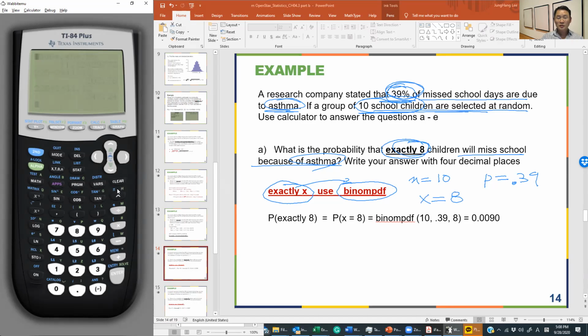And we put it in the binomial PDF. So clear, go to second, then distribution. Go to binomial PDF. Then trials is going to be 10, enter. Probability is going to be 0.39, enter. Out of 10, 8 of them, enter and enter.